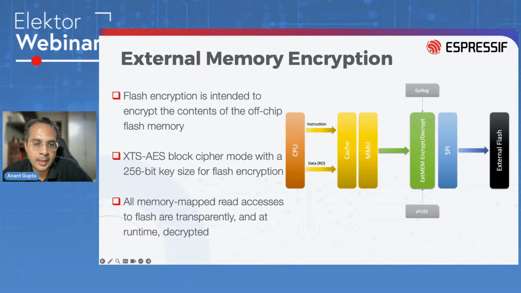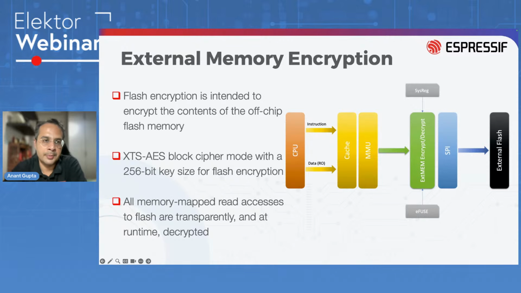This block has the eFuse access, which basically means access to the key and some system registers for configuration. Then it will instruct the SPI to fetch the data from the flash. Once it has the block of data in its memory, it will decrypt it and provide it to the MMU and the cache.